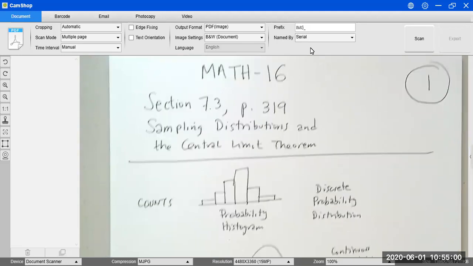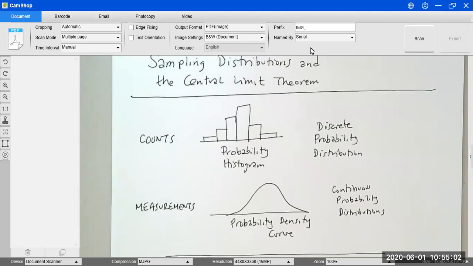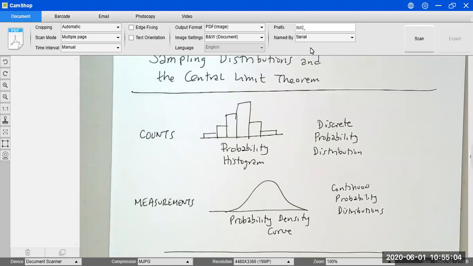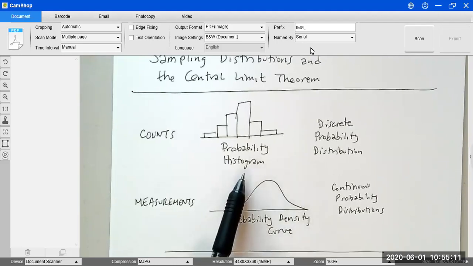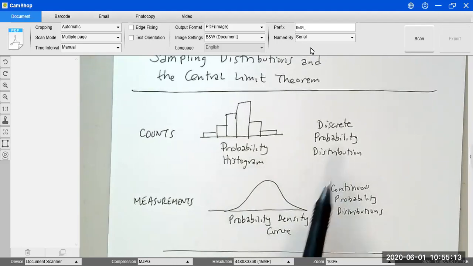So we know now that if you are counting things, you have a discrete data set. You can use a probability histogram, or you can use a discrete probability distribution to compute probabilities of events.